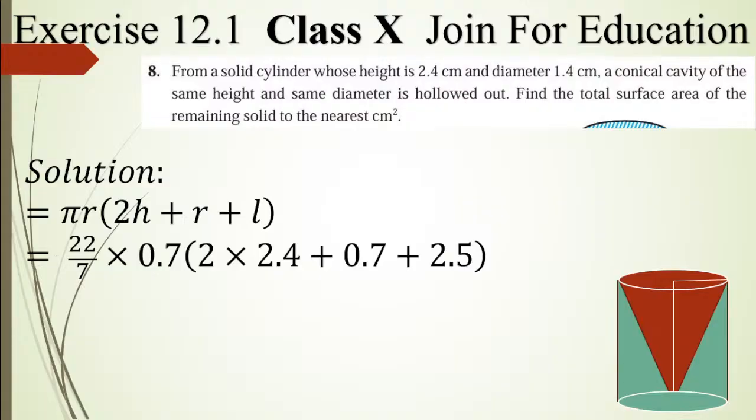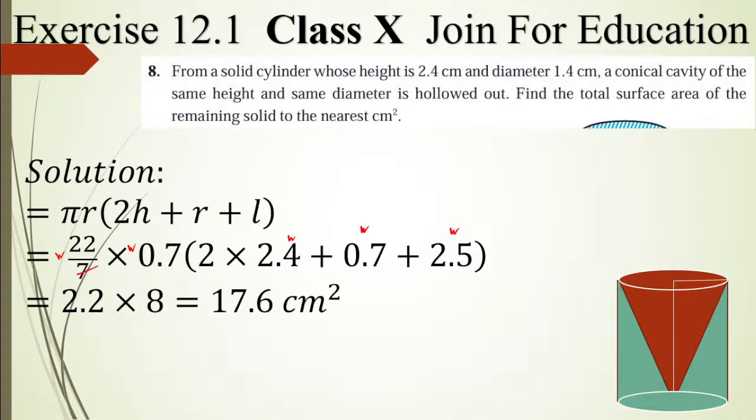So the value of pi is 22 by 7, value of r is 0.7, and 2 into the value of h is 2.4, value of r is 0.7, and the value of l is 2.5. After the simple calculation, we cancelled out this one, then we get here 0.1. 0.1 multiplied by 22, then we get here 2.2, and here we get 4.8 plus 0.7 plus 2.5.